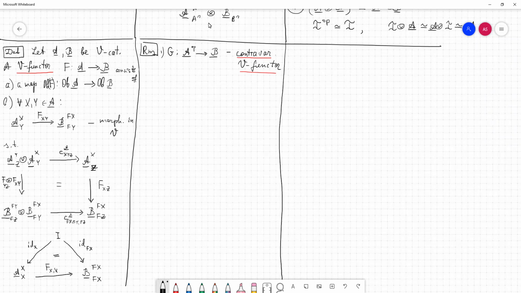It was the first remark, and second, if V equals Set, then a V functor is the same as a functor.